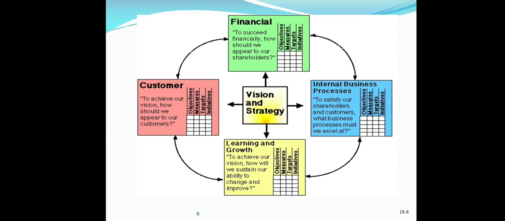One component or perspective can affect other components and perspectives. So a good balanced scorecard design can help a business to increase its performance.